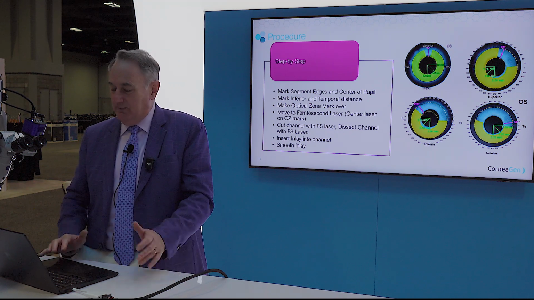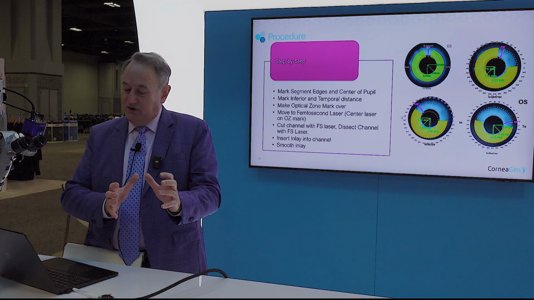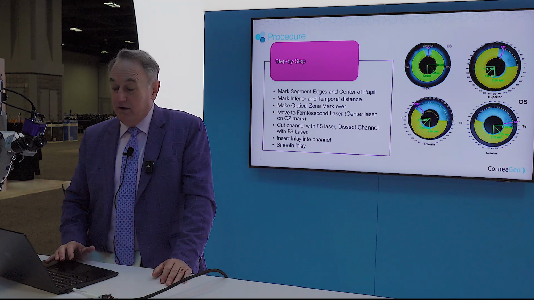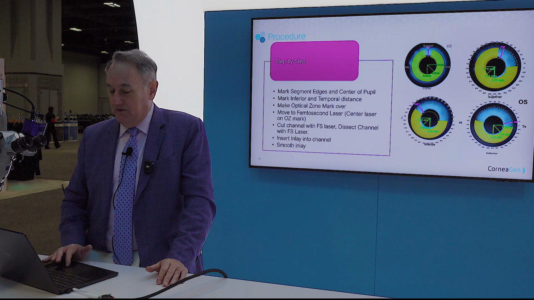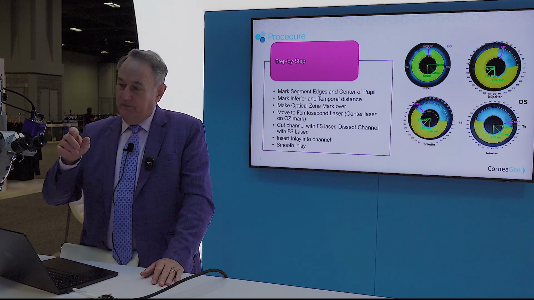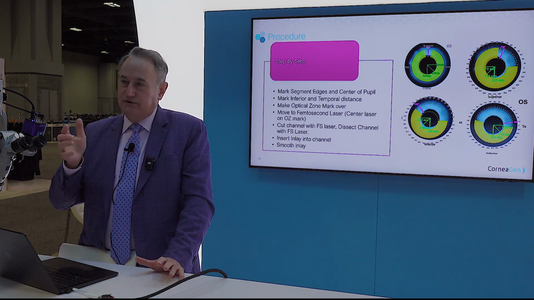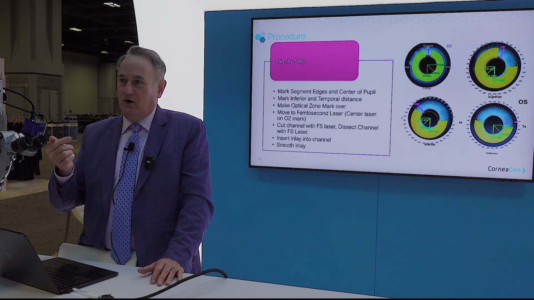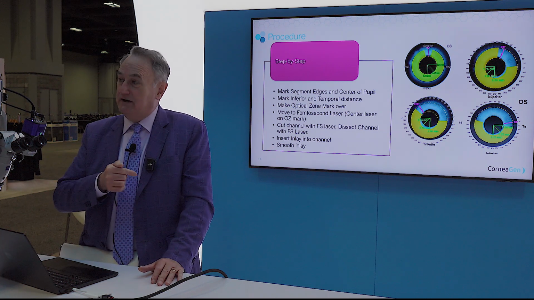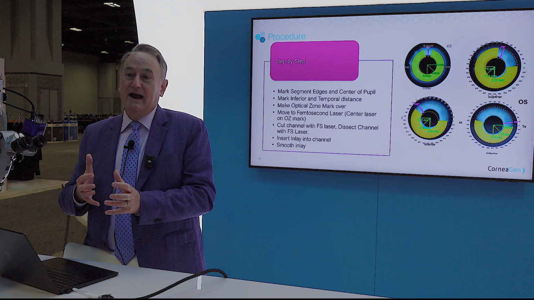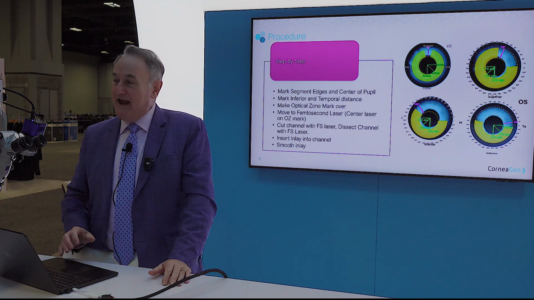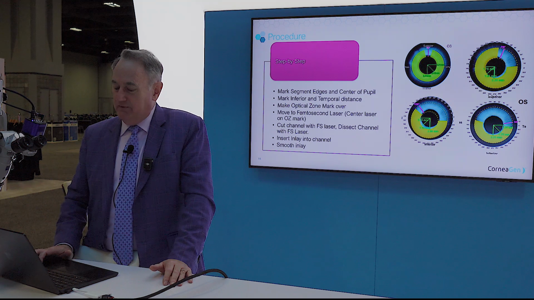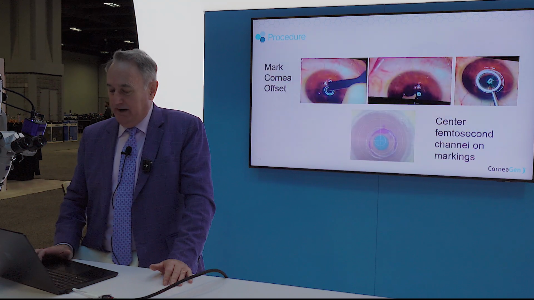This one here, for example, even in a left eye, can be slightly infranasal instead, and then some of them are displaced inferiorly. So again, the marking of the diameters is important, but your central mark is what you're going to be able to see at the femtosecond laser, and that's what's really guiding you in moving the channels to match what the template should be from that specific plan.